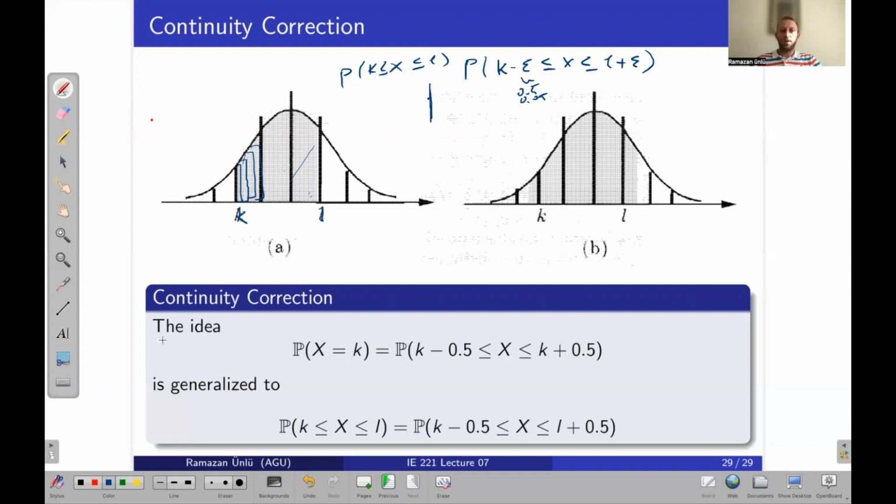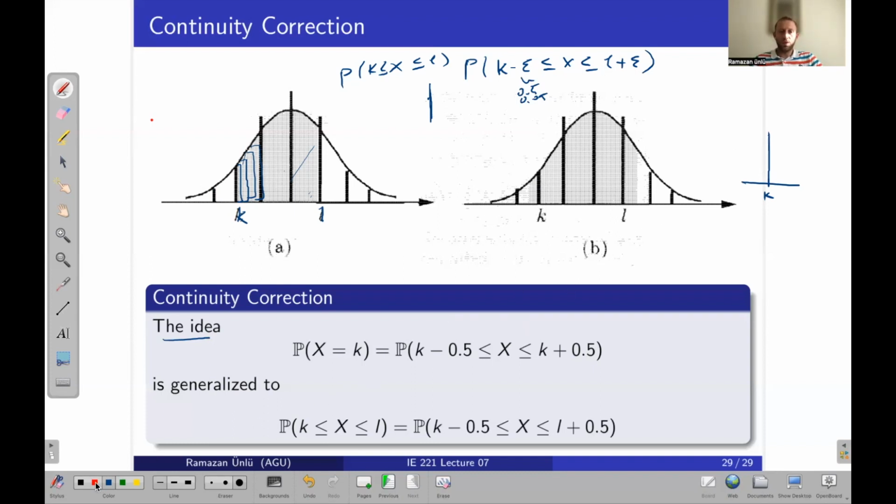Okay, so the idea is calculating the probability that X is equal to K. I cannot calculate the area of a rectangle at that point. That's why I can create a rectangle. Let's say this is the point K and that is the line, because I'm asked for X equal to K, but I cannot calculate the area of that one.